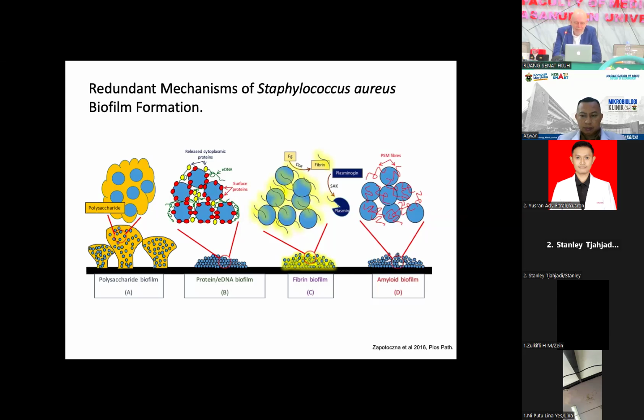The bacteria can also cover themselves with DNA. Another possibility is fibrin. I already showed that. Furthermore, and that's given over here, the bacteria can produce small molecules, PSMs, and they form amyloid-like fibers, a very rigid cluster around the bacteria.